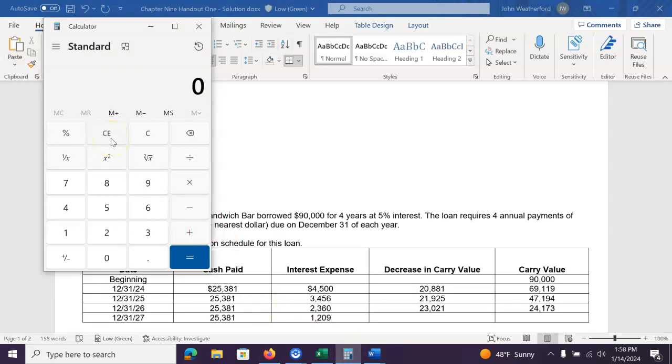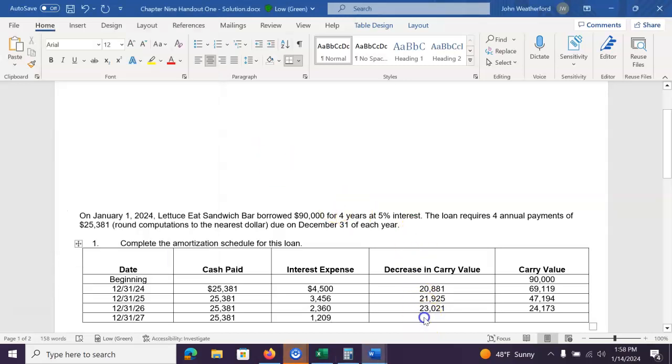So now we'll subtract that from the payment. 25,381 minus 1,209 gives us 24,172 as the decrease in the carrying value. And then when we subtract that from the carrying value, here we end up with $1.